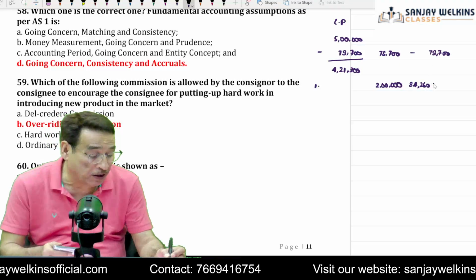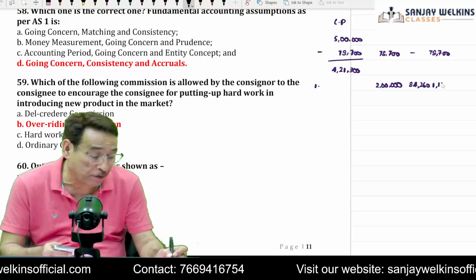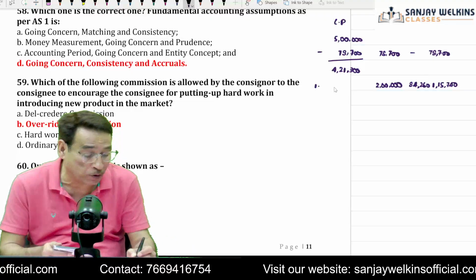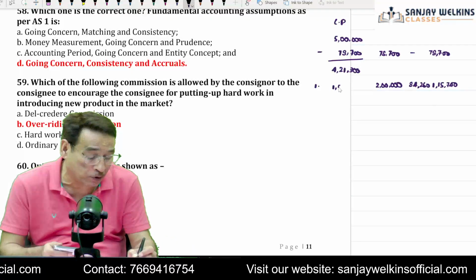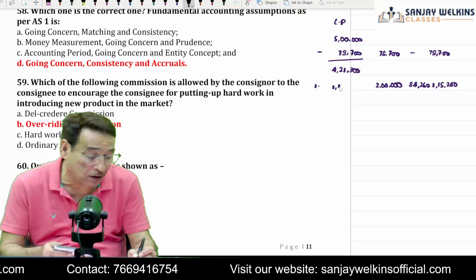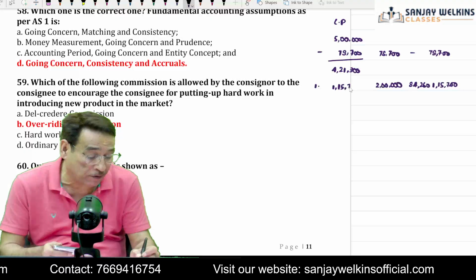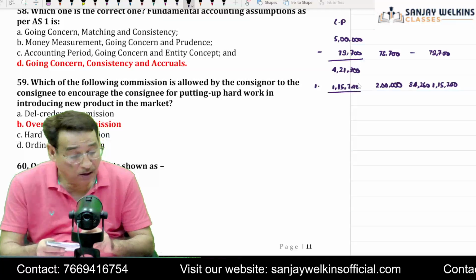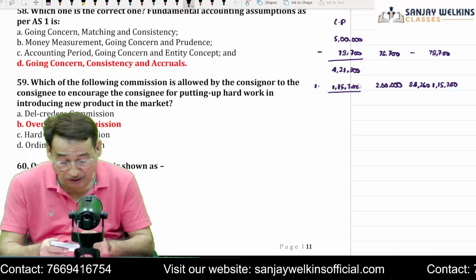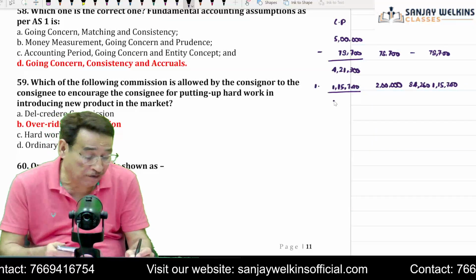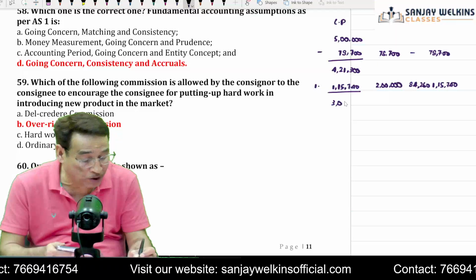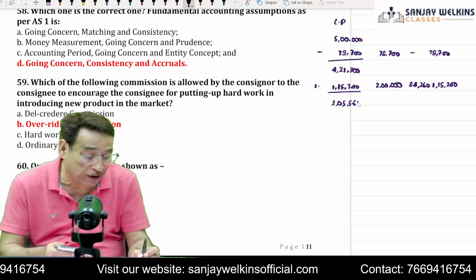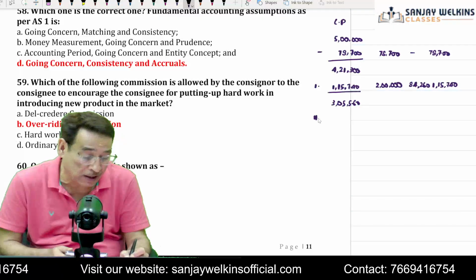That means cash price portion is 1,15,740. Now I will subtract cash price portion 1,15,740 from the outstanding. Is it clear to you? Then we are left with 3,05,560. This is the cash price outstanding balance.